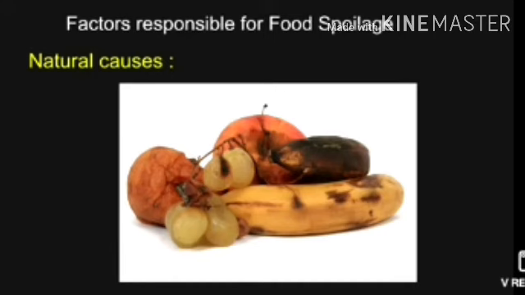Their taste also changes, their color also changes. So that is food spoilage. Can we eat fruits which give a bad smell? No. It is also not good for our health as it gets spoiled. So that is the first reason for food spoilage, natural causes.